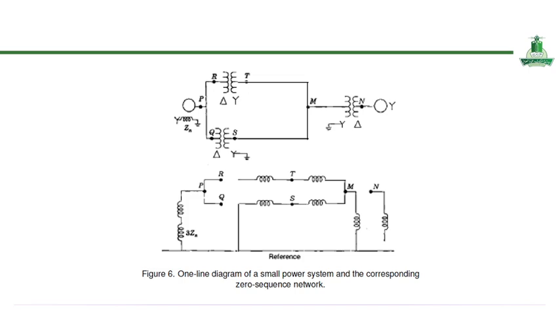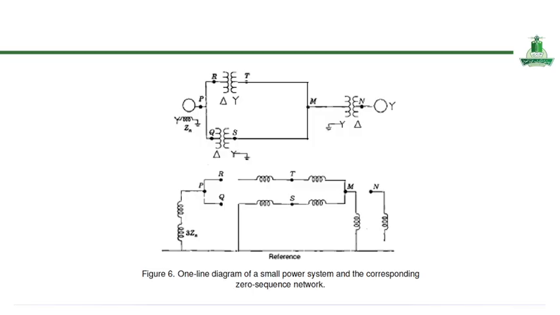All right. So this slide continues the analysis of the same small power system by focusing on how the zero sequence network can be physically interpreted and constructed step by step.